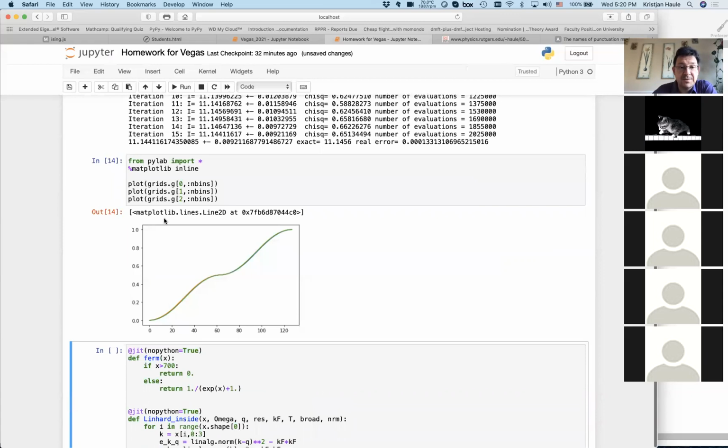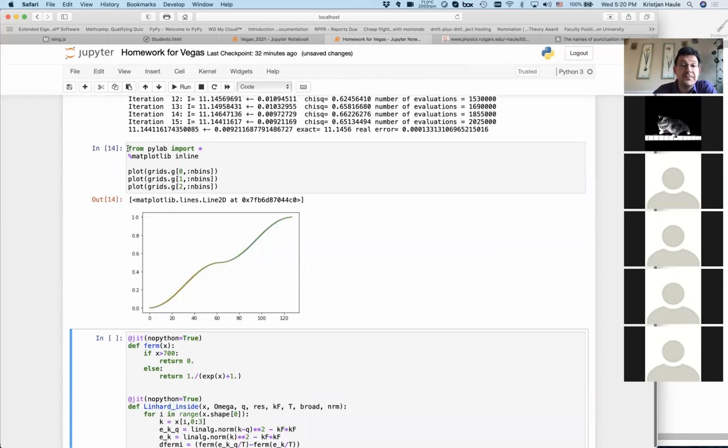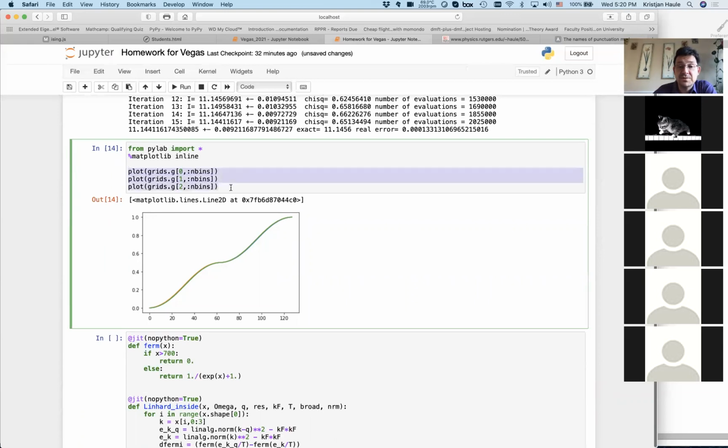Now, if we plot the grids, G of 0, G1, G2, so all 3 dimensions, we see that the grids now are different. Actually, it's the grid from before doubly repeated, as expected, because we have a peak at minus pi, at 0, and at pi.